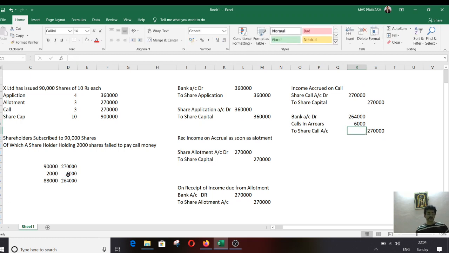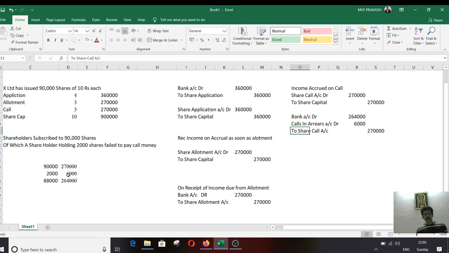How do you get 6,000? One shareholder holding 2,000 shares failed to pay 3 rupees per share, so ultimately you have not received 6,000. You are supposed to receive 2,70,000, but you received only 2,64,000. This is calls in arrears, so I need to debit the calls in arrears account. That is the entry I need to pass for the calls in arrears.